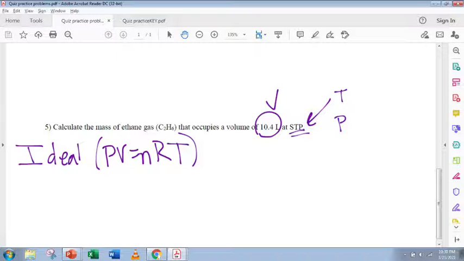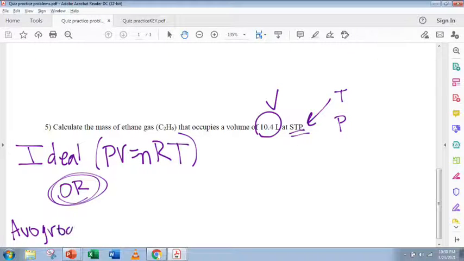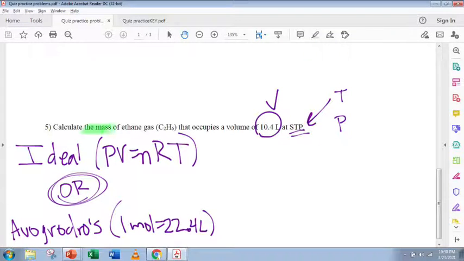But if we notice we're at ideal and at STP, then that means that we have another option. We can use Avogadro's special shortcut for the ideal gas law, that 1 mole equals 22.4 liters. And especially since we're going to be needing to find the mass anyway, we're going to need to find moles in this equation.